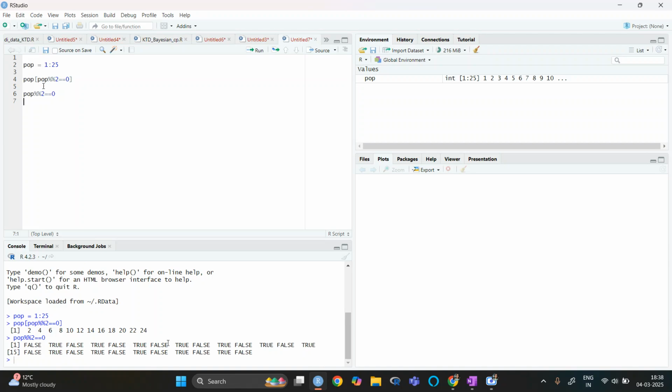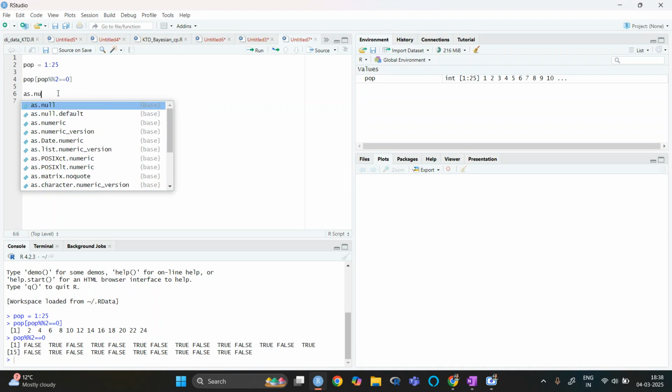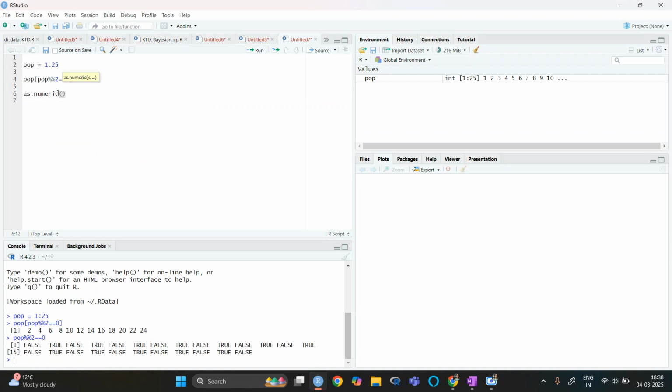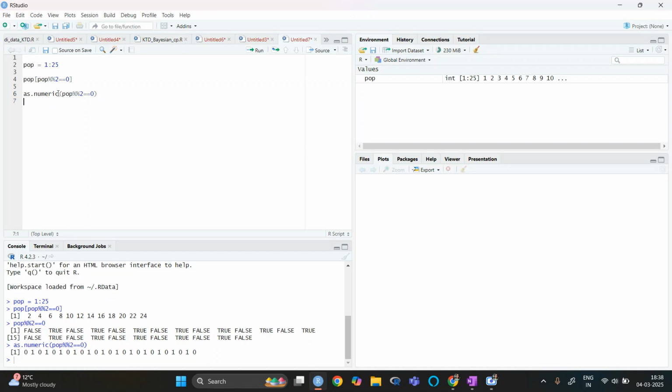So now we cannot work with just true, false. It is tough to work. So what we do is we say as.numeric. Okay, so what we have done is that we have changed this pop by as.numeric.